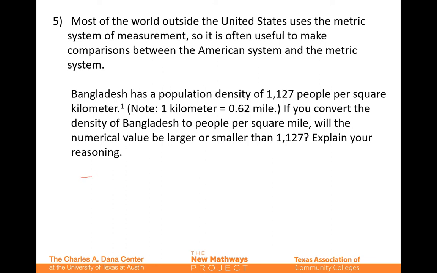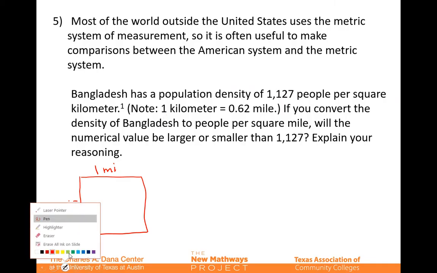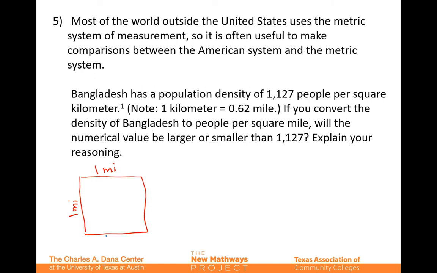Here is a square mile. A square mile is 1 mile on each side. A kilometer is 0.62 miles, so a little over half a mile.